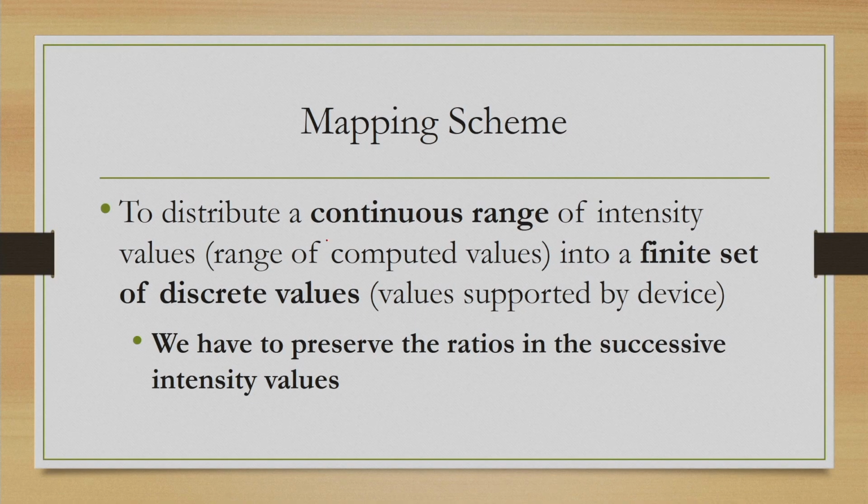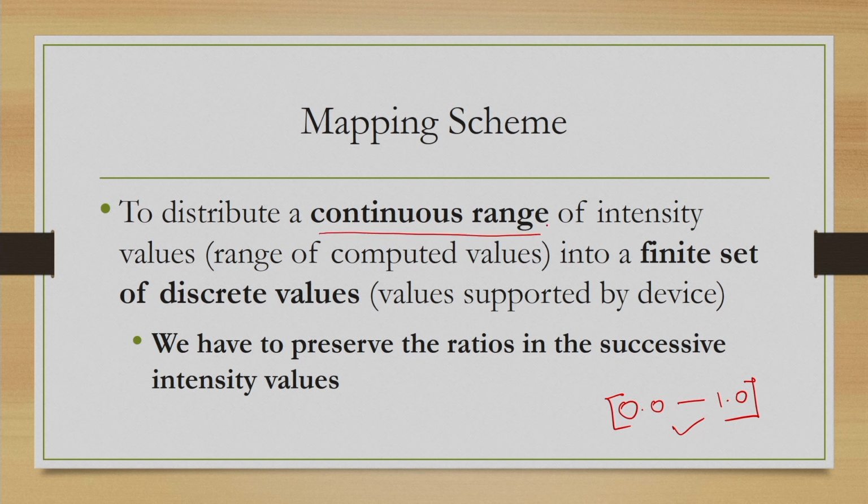Recall that we are given a continuous range of values between 0.0 and 1.0. So, this is our range of computed intensity values, computed using a lighting or shading model. On the other hand, the device supports a set of discrete values because the frame buffer is designed that way, and we are supposed to map this continuous range to that set of discrete values.